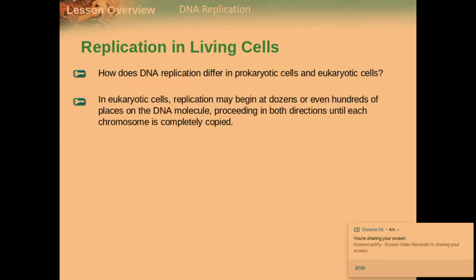Another way is that replication begins at dozens or even hundreds of places on the DNA molecule in eukaryotic cells. So ours is much more complicated, proceeding in both directions until each chromosome is fully copied. It would just take way too long if we were to start at one point and just go forward.